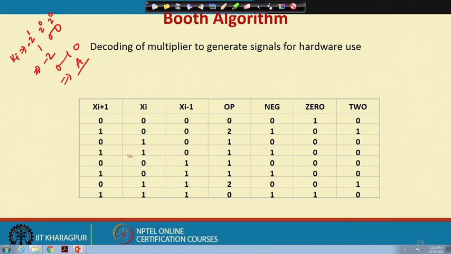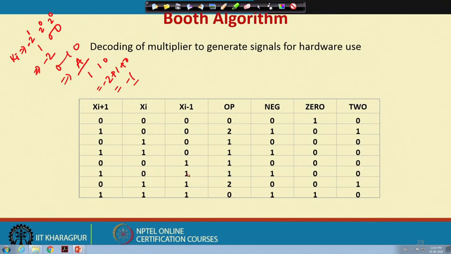For 1 1 0, what will be the case? This is minus 2 plus 1 plus 0, which means minus 1. In the same fashion, for 0 0 1 it is 1, no negative.